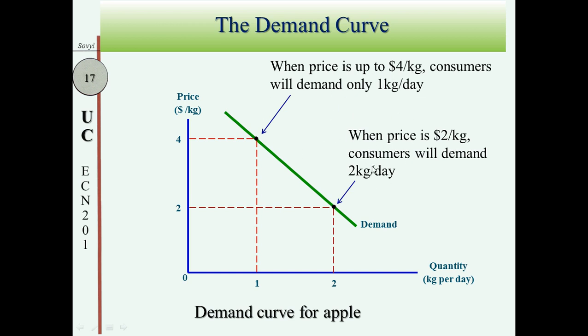The consumer will change their consumption from 2 kilograms per day to 1 kilogram per day if the price goes up. However, in contrast, if the price goes down, cheaper, the consumer will buy more. So when the price goes up, the quantity goes down. And when the price goes down, the quantity goes up.